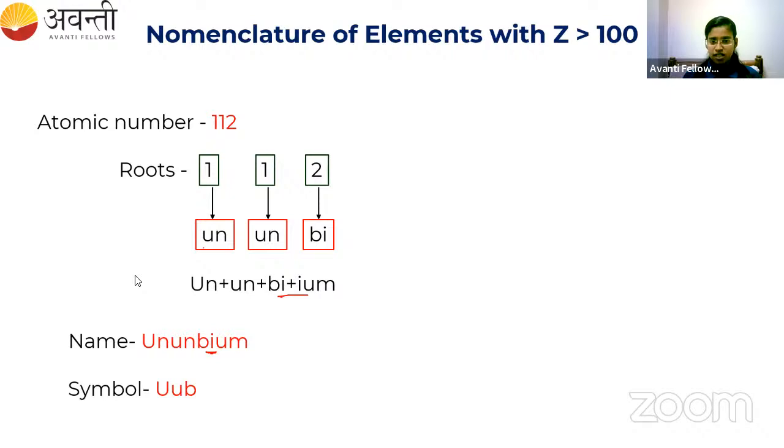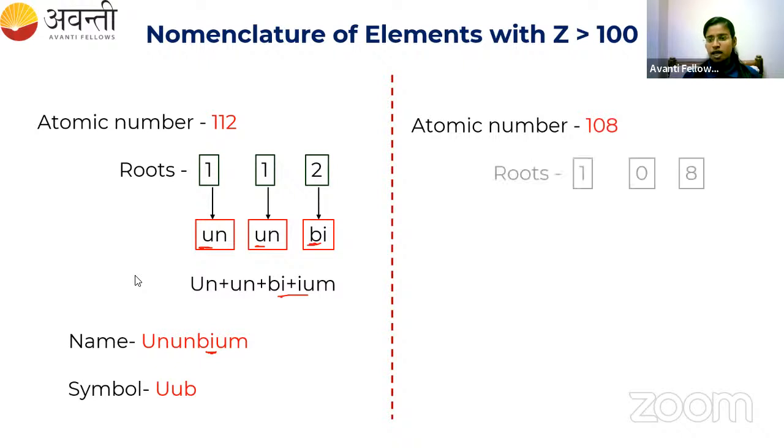and the symbol is the first letter of each name: U, U, B is the symbol. So very easy. I'll take one more element with atomic number 108. Can you give the name of this? For 1, what do we have to use? Un. For 0, it is nil. For 8, it is oct.